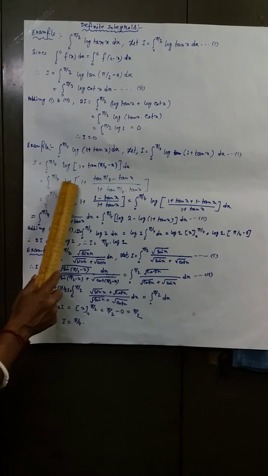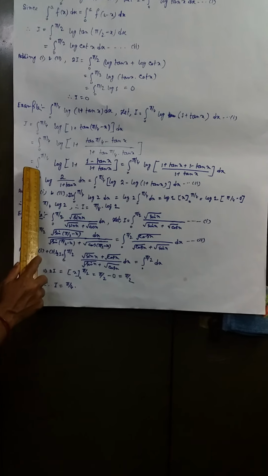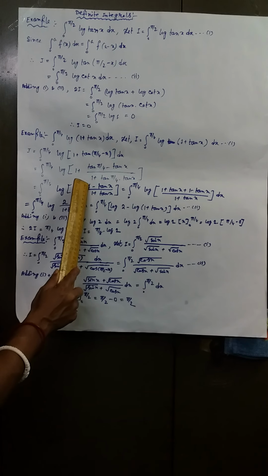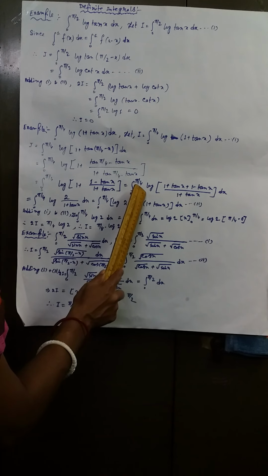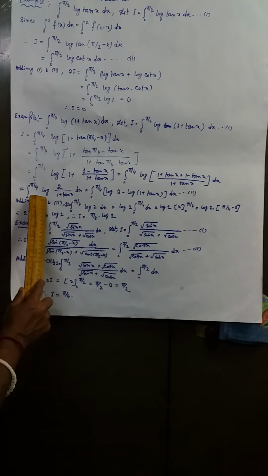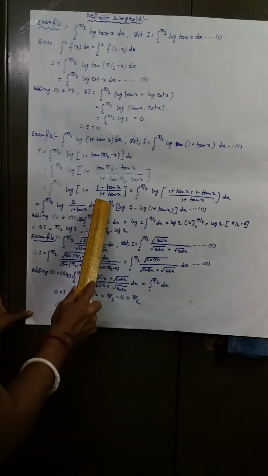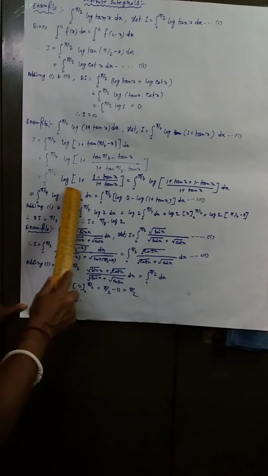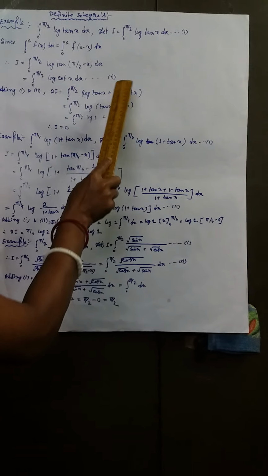So the integral from 0 to pi by 4 of log (1 plus (1 minus tan x) by (1 plus tan x)), that is after calculating we will get the integral from 0 to pi by 4 of log ((1 plus tan x plus 1 minus tan x) by (1 plus tan x)) dx, that is equal to the integral from 0 to pi by 4 of log (2 by (1 plus tan x)) dx, that is equal to log 2 minus log (1 plus tan x), by the property of log, in case of division it would be minus, and in place of multiplication it would be plus.